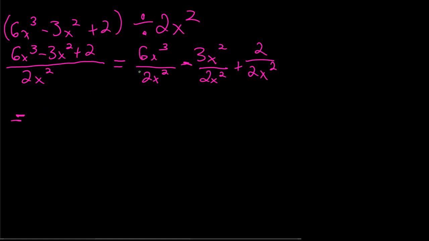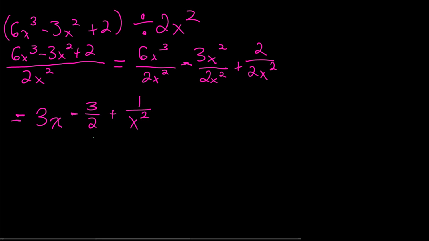So 6 divided by 2, looked at fractionally, is 3. X cubed over x squared is x. Negative 3 over 2 is negative 3 halves. And x squared over x squared is 1. The 2's cancel out here, and I get 1 over x squared. So I've simplified each of my terms.